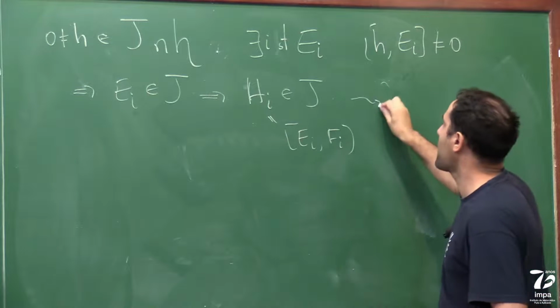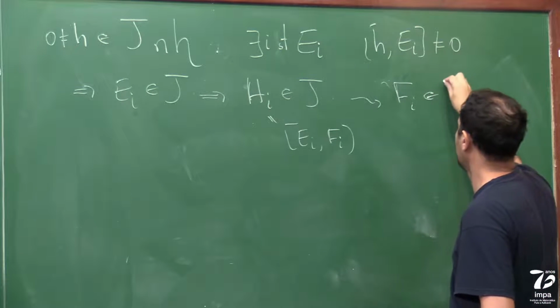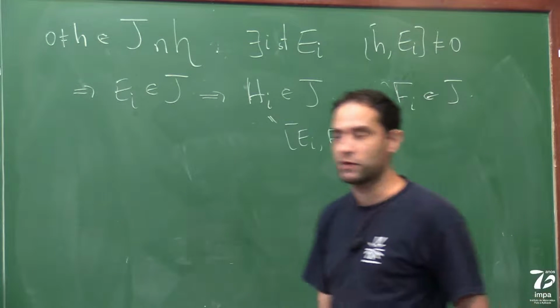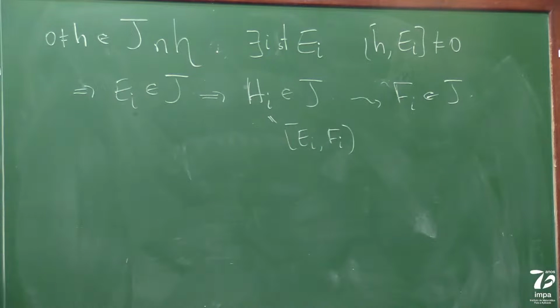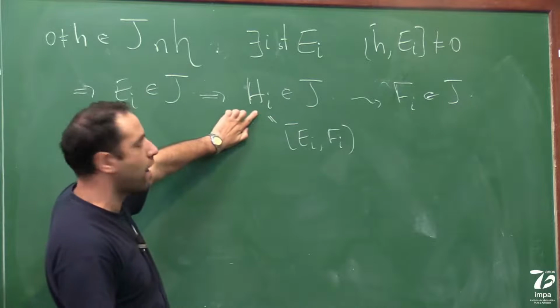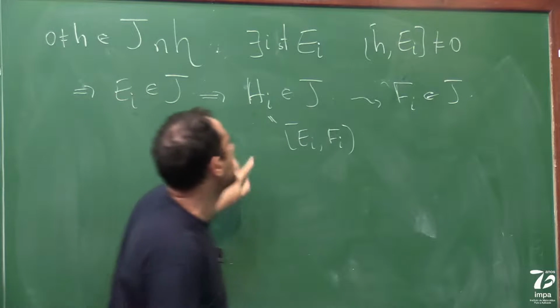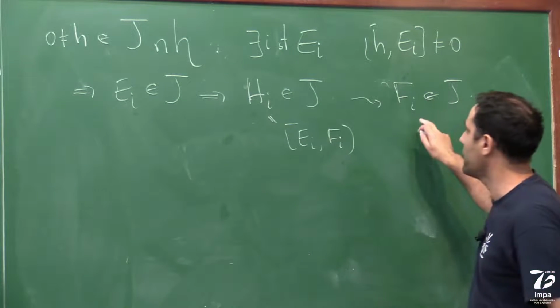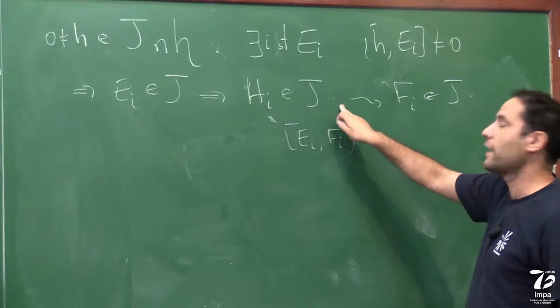But then FI is in the ideal, because you just take the bracket of HI now with FI. So now you know that there is one I such that the whole EI, FI, and HI are in the ideal.